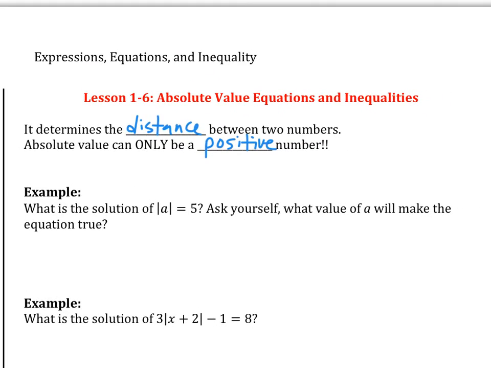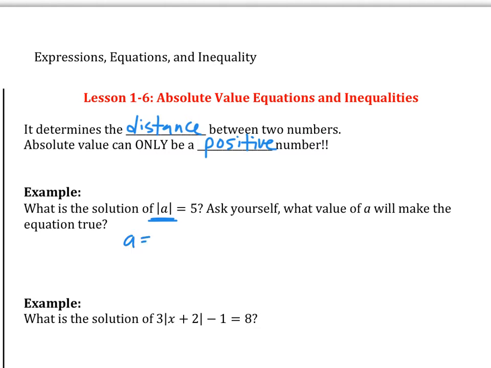Okay, so let's look at this question. What is the solution of absolute value a equals 5? So really the question is saying, absolute value of what number will give me 5? What does a have to be so that when I put it in the absolute value, I can end up with a 5?